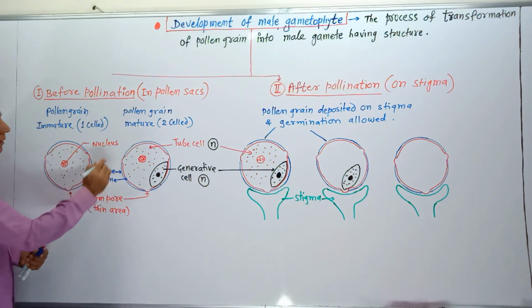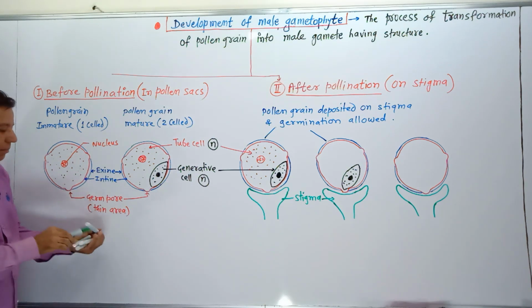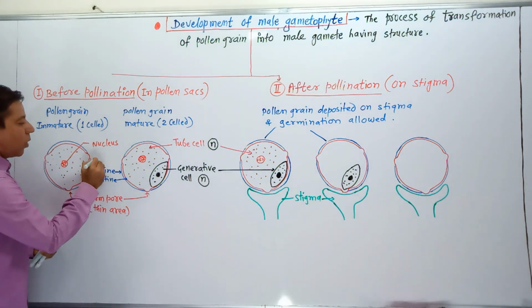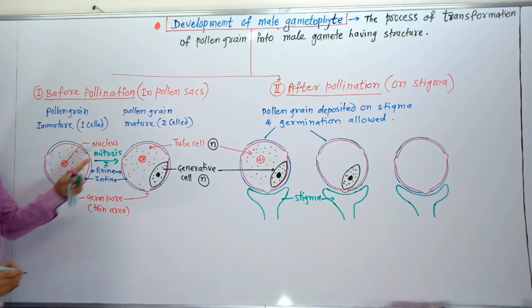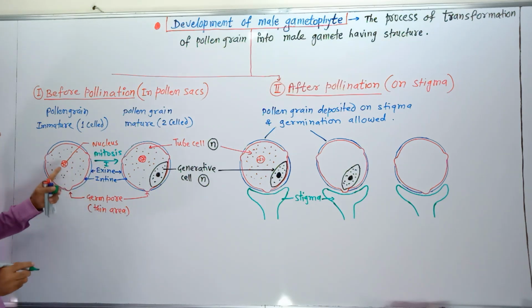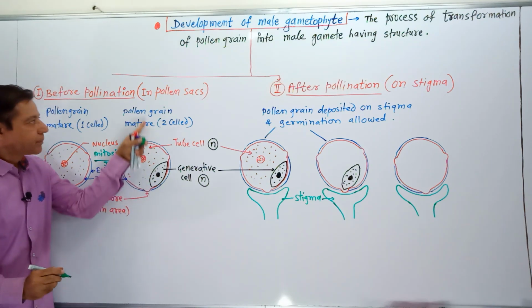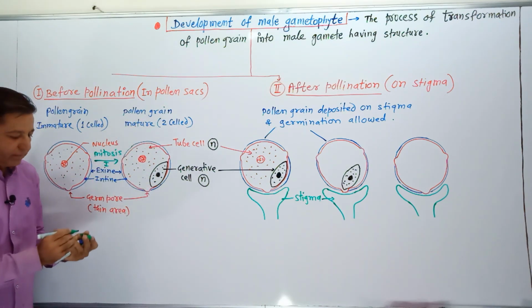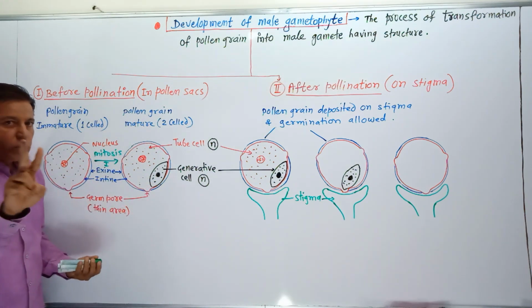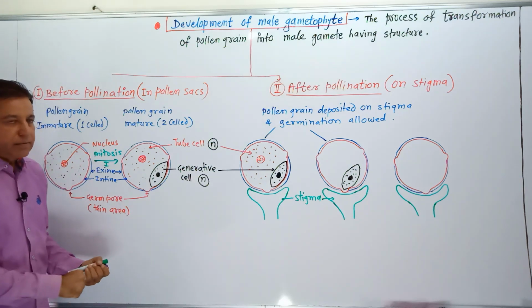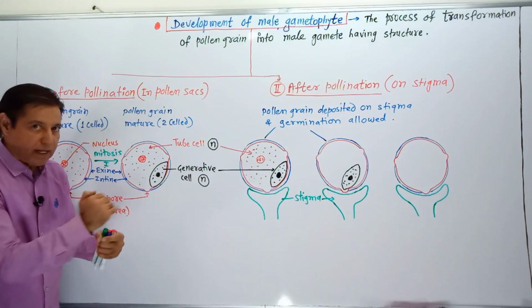Then mitosis first occurs. By this first mitosis, the one-celled pollen grain is converted into a two-celled mature pollen grain. But the two cells are of unequal size because the mitosis is unequal.